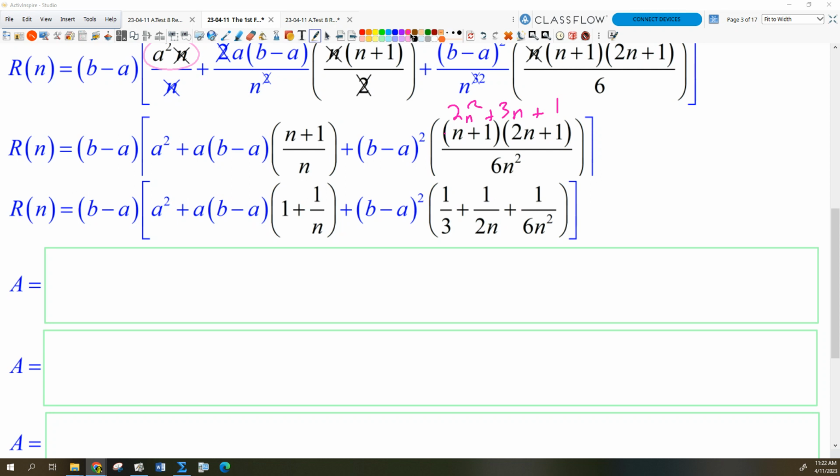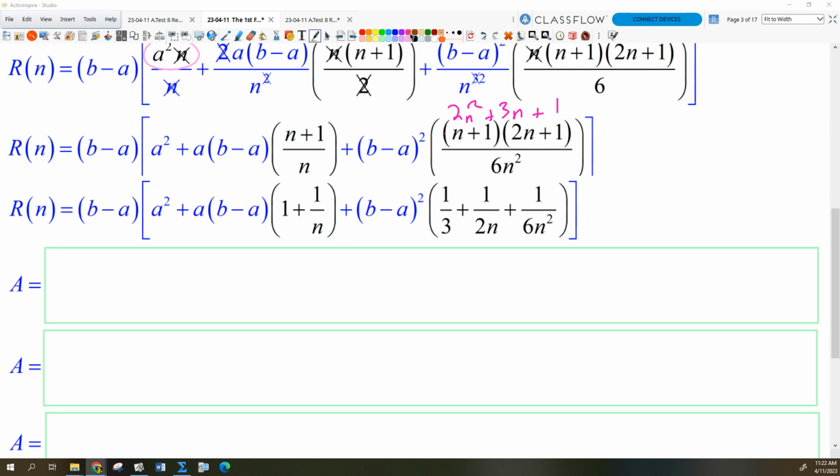Okay? Now, what was so good about that? Look where my n's are showing up. This is the right sum as a function of n, and n is the number of rectangles, right? Don't lose track of what n actually is.